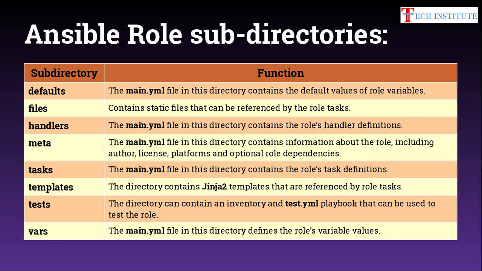You can use this directory and this test.yml playbook for that. Similarly, vars, from the name itself you can understand, contains the variable definitions. Here also the main file name is main.yml, where you put your variables, like user colon then the value. So variable name colon value, that will be the format for your variables inside that file.